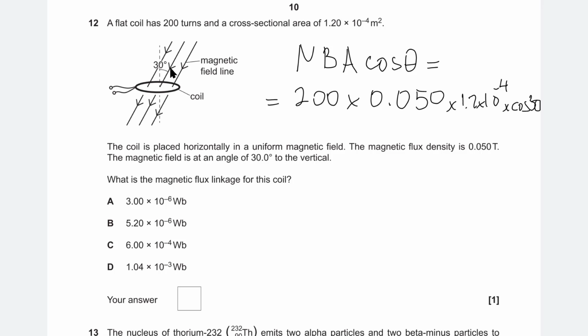Double checking the angle as we should in multiple choice questions. It is the angle between the field lines and the normal to the surface, so they've given us the correct angle. Okay, if we put this into a calculator, we are going to get around 1.039 something times 10 to the power minus 3, and correct answer is D.